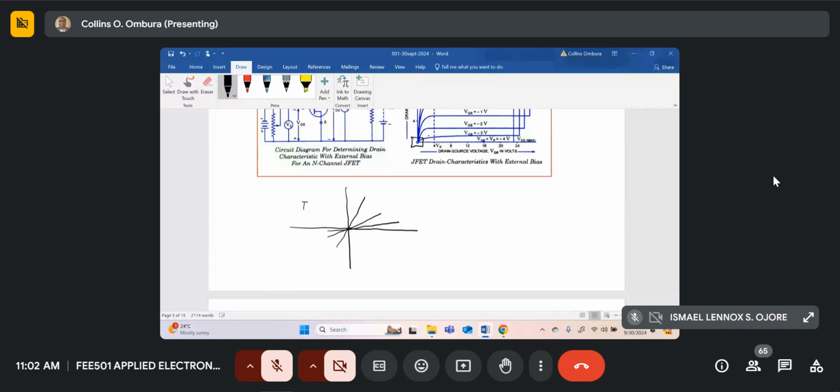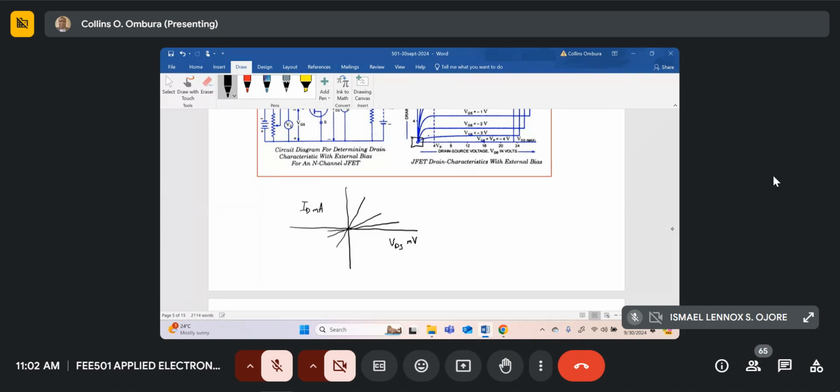This is now the drain current in milliamps, and VDS in millivolts.